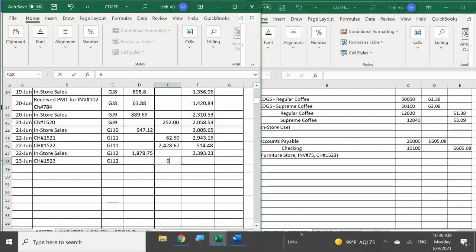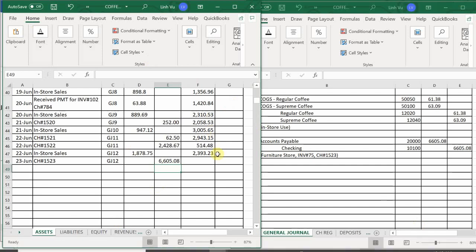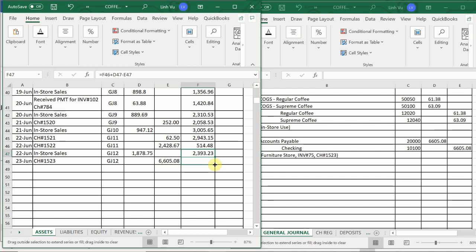Credit 6,605.08. Okay, which gives us a running balance of negative 4,211.85. Good. Negative, we're in the hole.